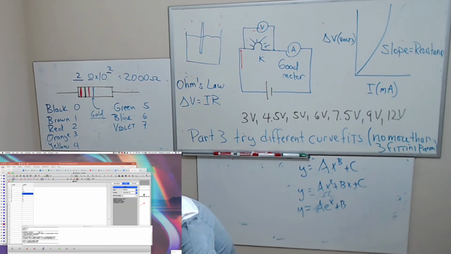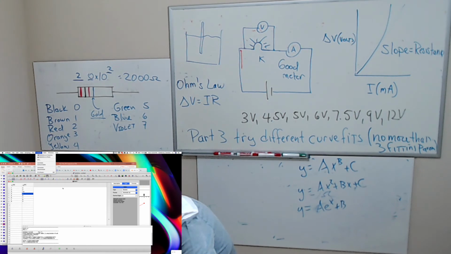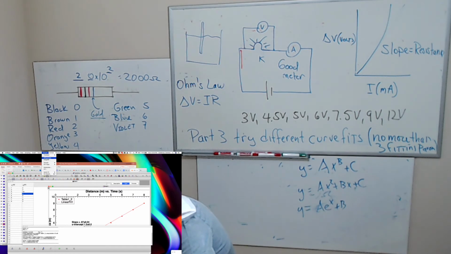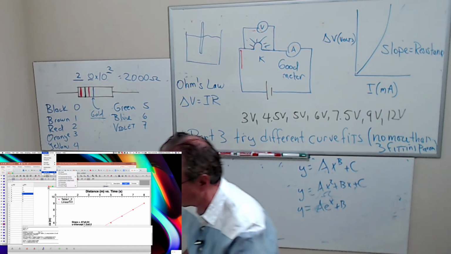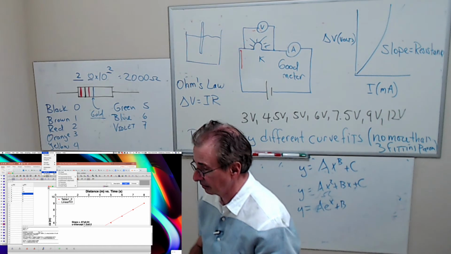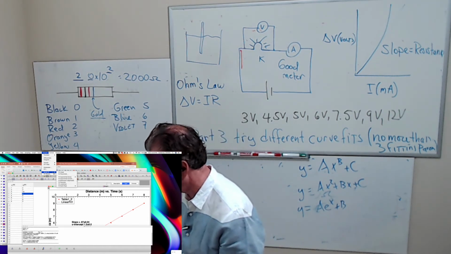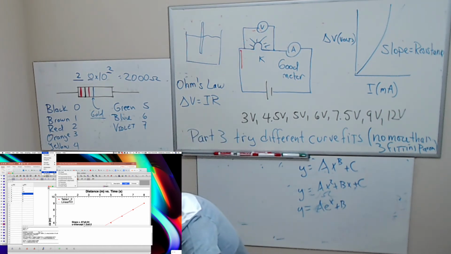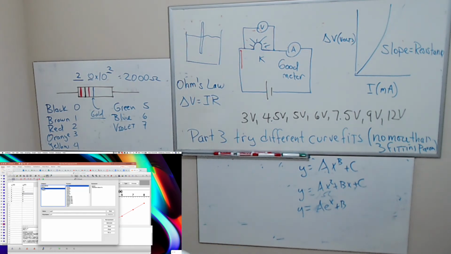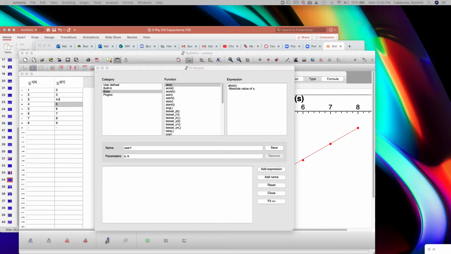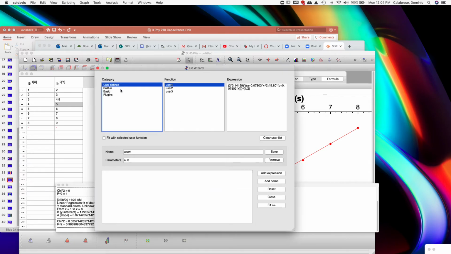If I go to analysis and then quick fit, it can do an exponential growth, exponential decay, or a polynomial fit. But you can also define a fit. The number of fits you can do in this program is unbelievable. You can create your own function and type it in here.